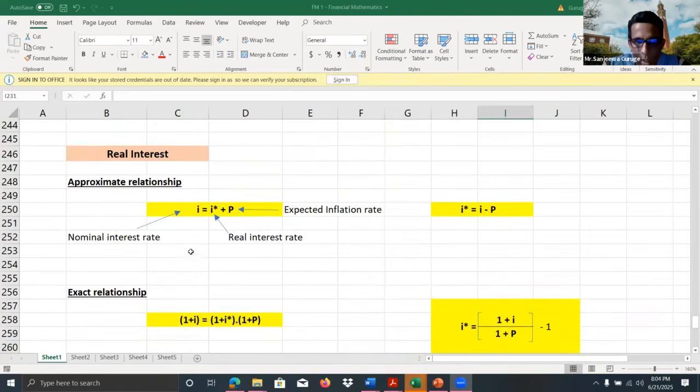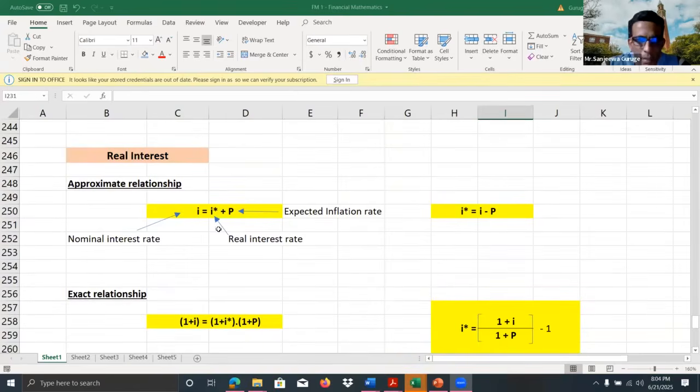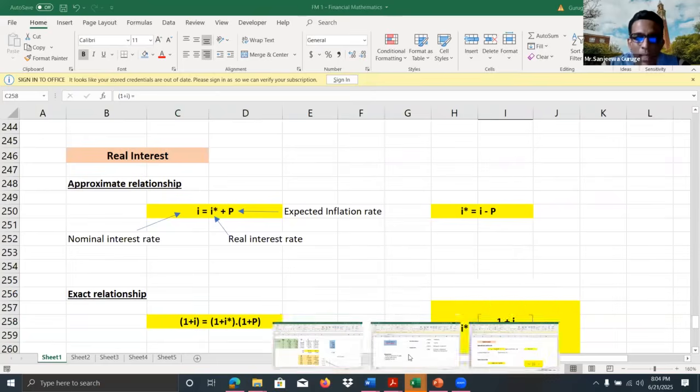The approximate condition is: nominal rate equals real rate plus inflation, right? But the exact method, as you correctly mentioned, is the Fisher formula. Using the Fisher formula, we can convert real to nominal or nominal to real, which is very important when we are analyzing a project.